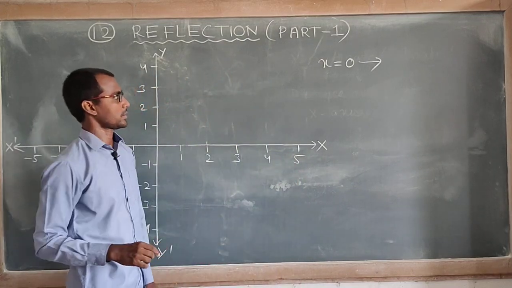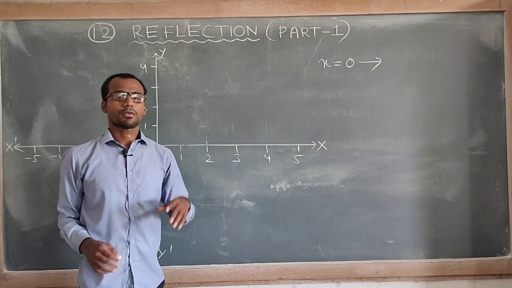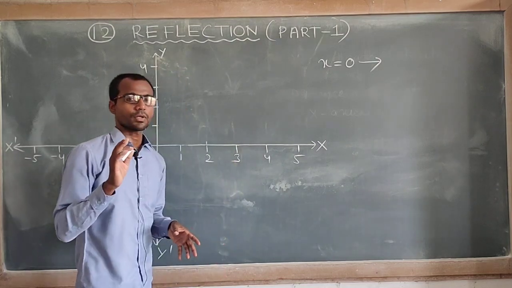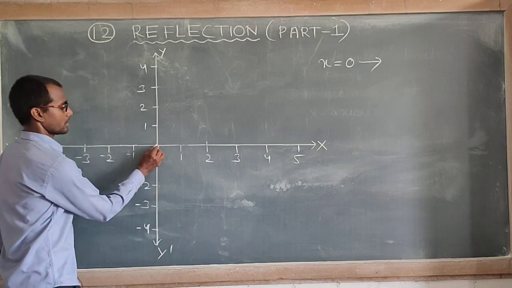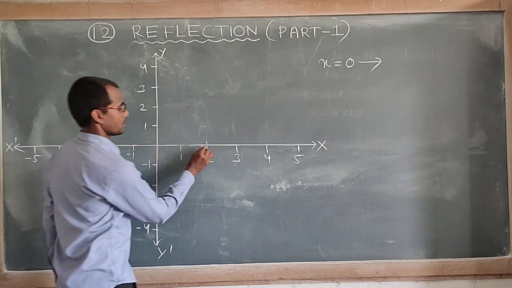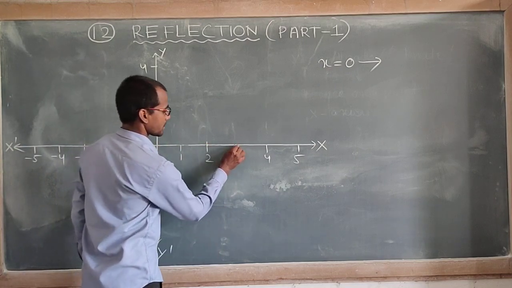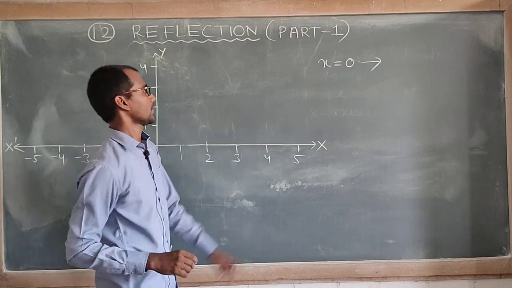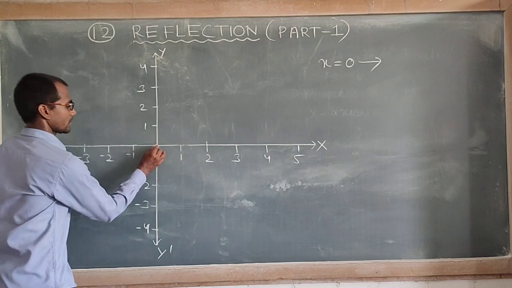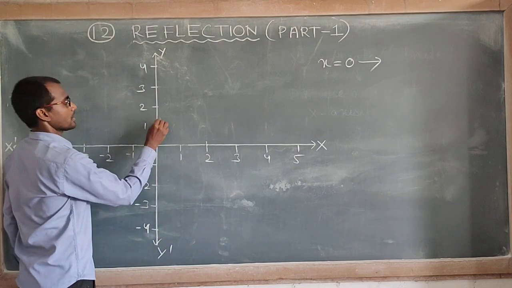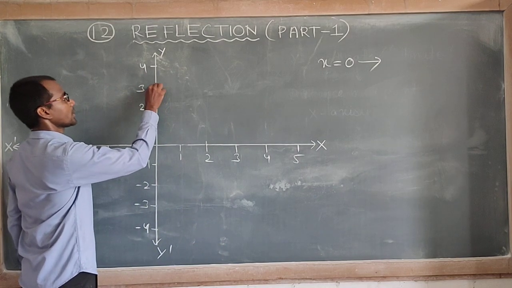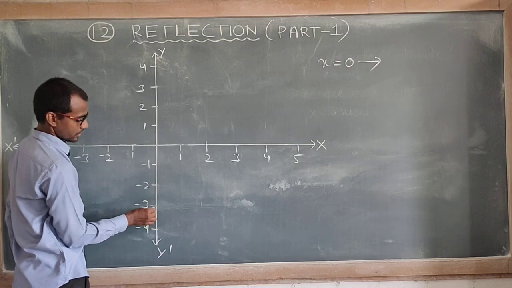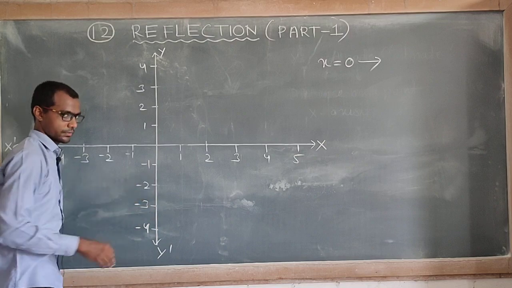x = 0 means the x coordinate will always be 0. So let us take some points whose x coordinate is 0. For example, (0, 0), (0, 1), (0, 2), (0, 3), (0, 4), (0, -1), (0, -2), (0, -3), (0, -4), in this way.